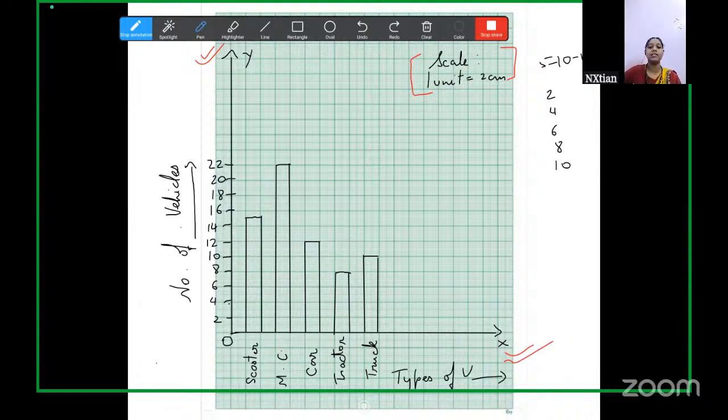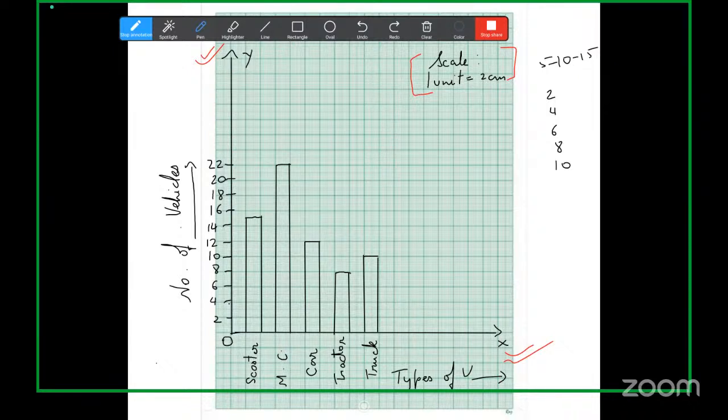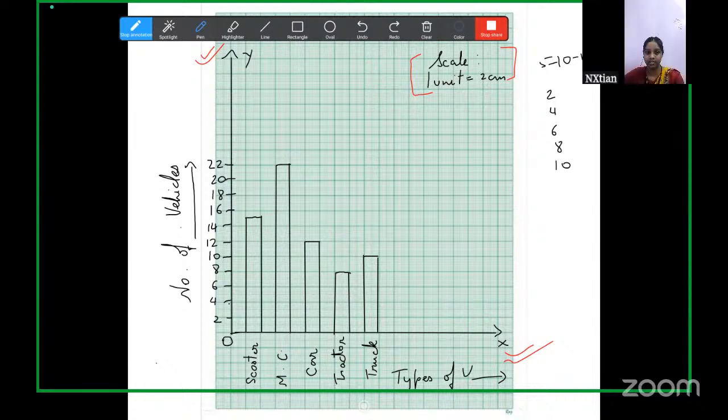So sometimes what happens, the question will give you this data. What data did we have in this question? Types of vehicles and number of vehicles. Then I may also ask what vehicle is used the most in your village, or in this village. So look at the graph and tell me.